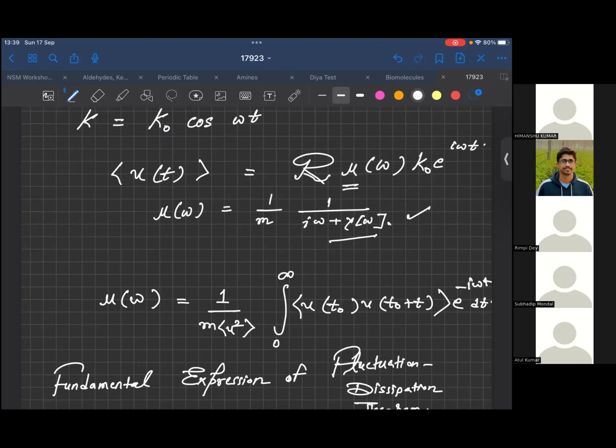And this is not the fluctuation dissipation theorem. The fluctuation dissipation theorem is a relationship between fluctuation, that means noise, and dissipation, that means friction. So the relationship between the friction and the noise term is the fluctuation dissipation theorem. This you can call mobility, or dynamic mobility, or susceptibility.